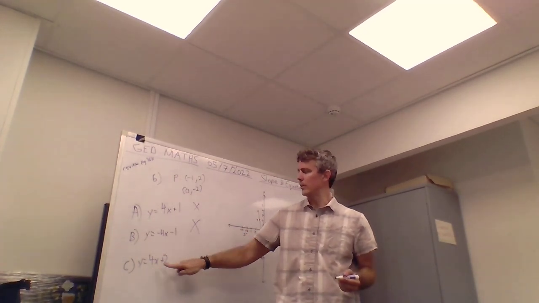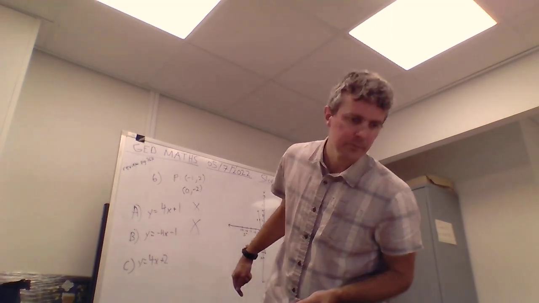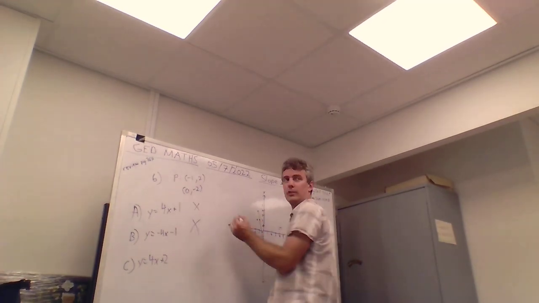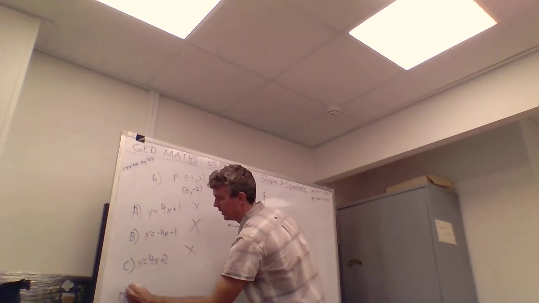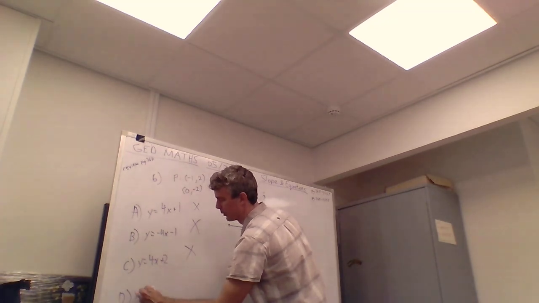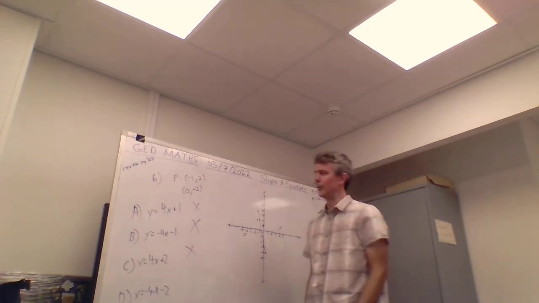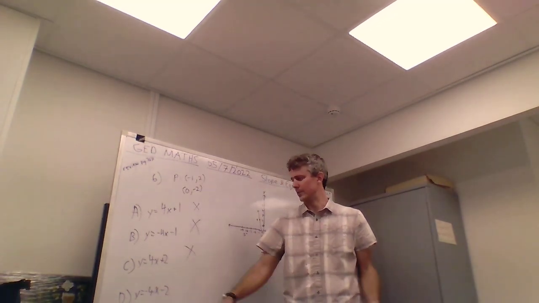With x equals 0, y equals 2. Is that correct? It's minus 2, so not C. Then we do D. Y equals minus 4x minus 2. Well, we know it has to be D because the others are not right. 0 and minus 2. So it's D.